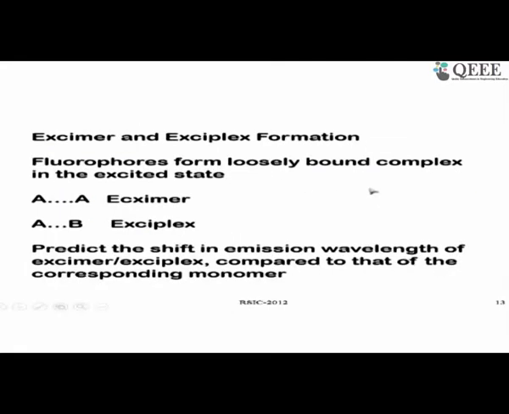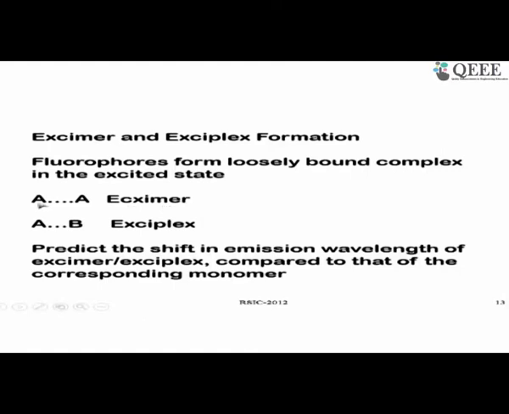Once you excite, there are two different phenomena we need to think about. These are all important for you to develop a sensor based on fluorescence. Without understanding the basic concepts, no engineer can work out a model. When you have a fluorophore and you excite it, sometimes a loosely bound complex can form in the excited state.